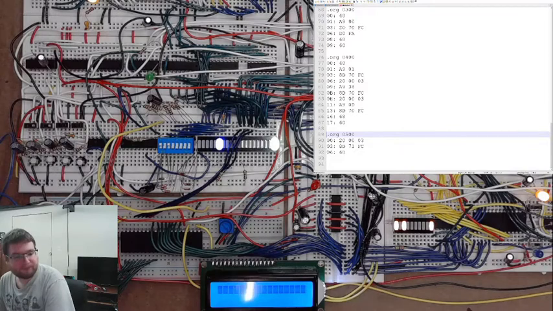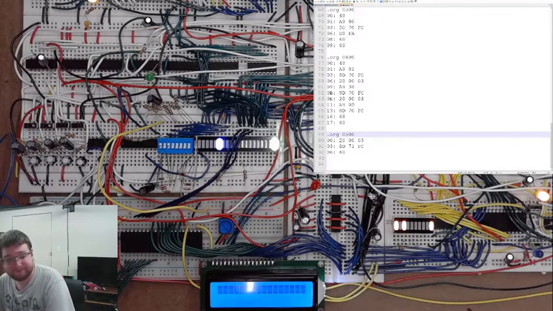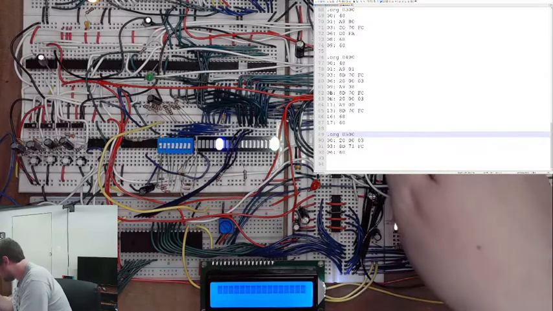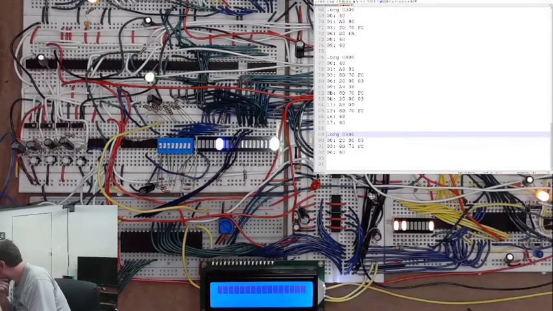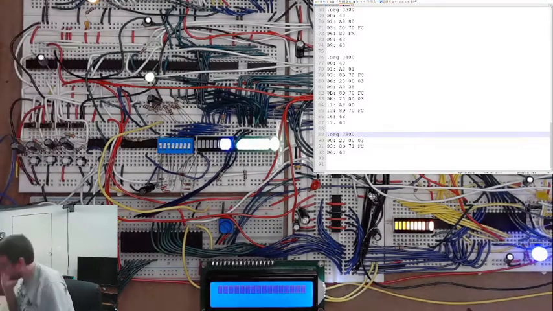Wait a minute. Okay, no, because that's supposed to be 2 0, so that is correct. So we'll just have to look at it as I single step through. But yeah, I'm beginning to think that might have just really screwed everything up. Oh, I didn't have the CPU on pause, but that's okay. It's not able to do anything.